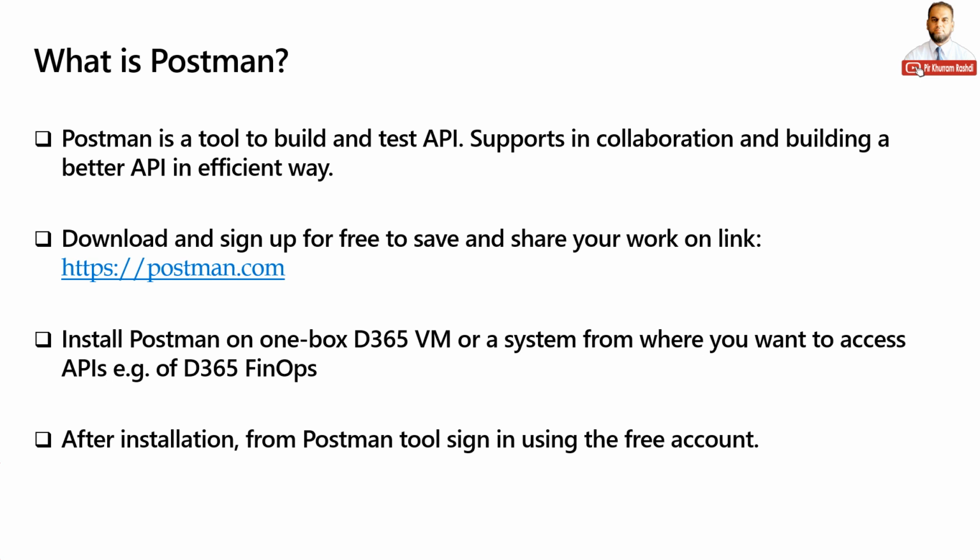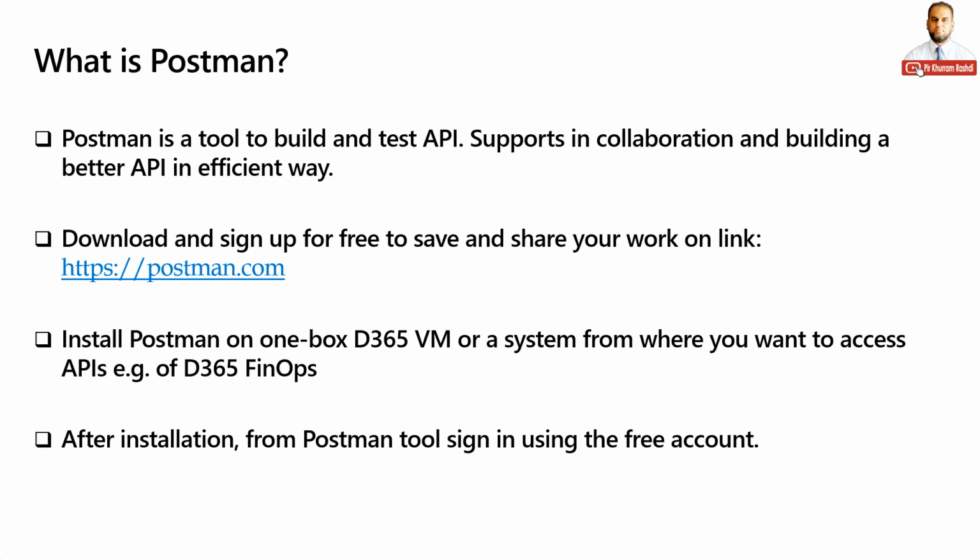So basically, it also supports collaboration and building a better API in an efficient way. Why a better API? Because it gives you an opportunity to test an API, to avoid bugs, and to collaborate among a team. You can download it simply through the postman.com website, and you can also sign up for free to save and share your work.